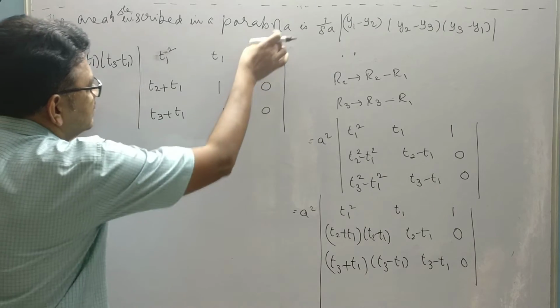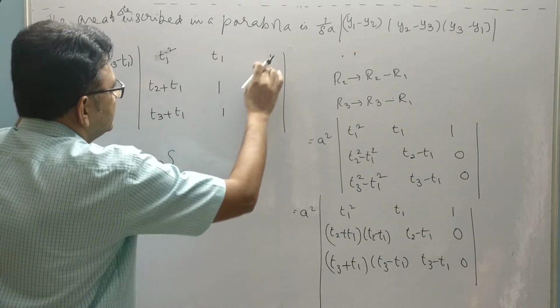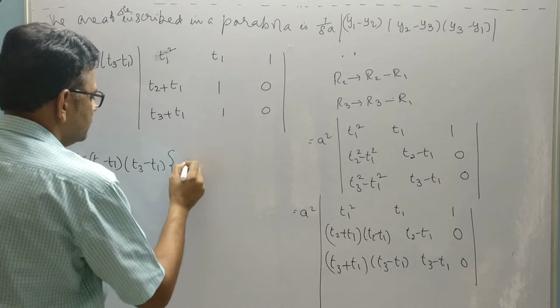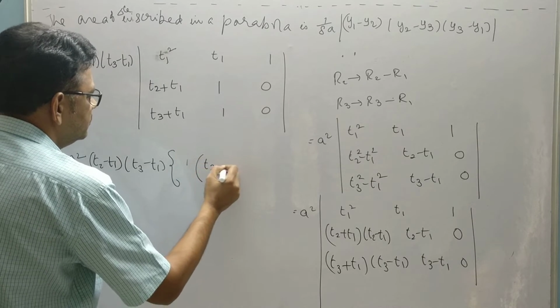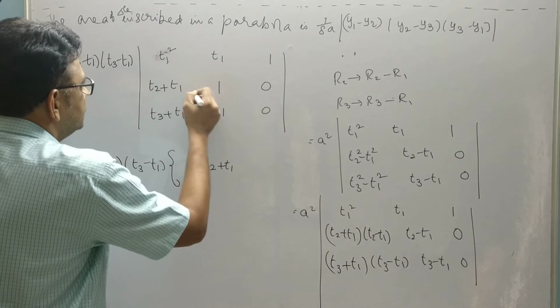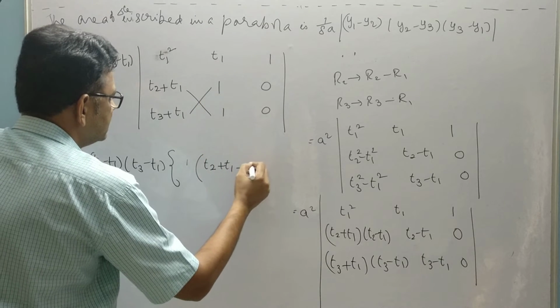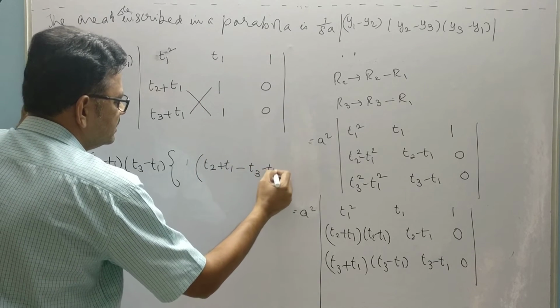Or expanding along column C3, it is 1 into this, so this is 1 into (t2 plus t1) minus (t3 plus t1).